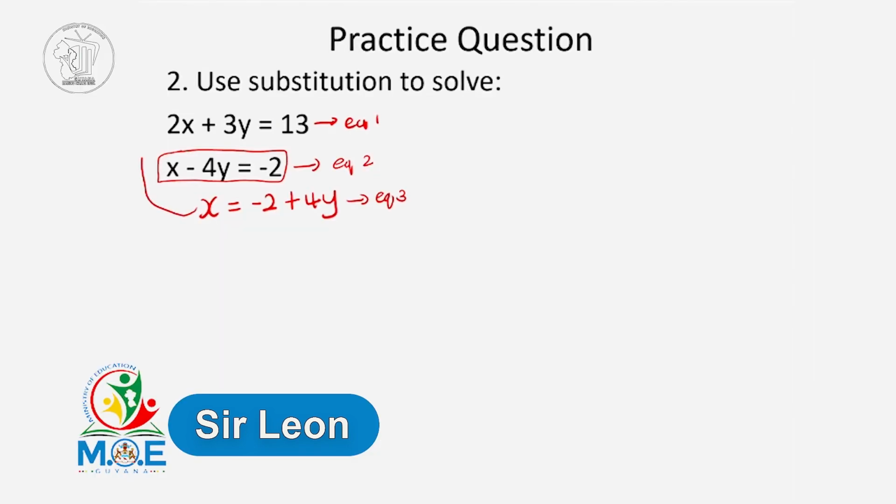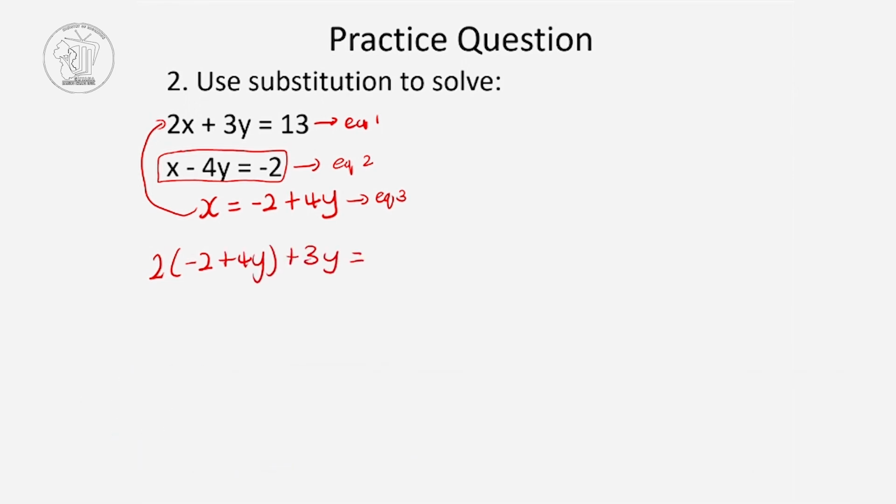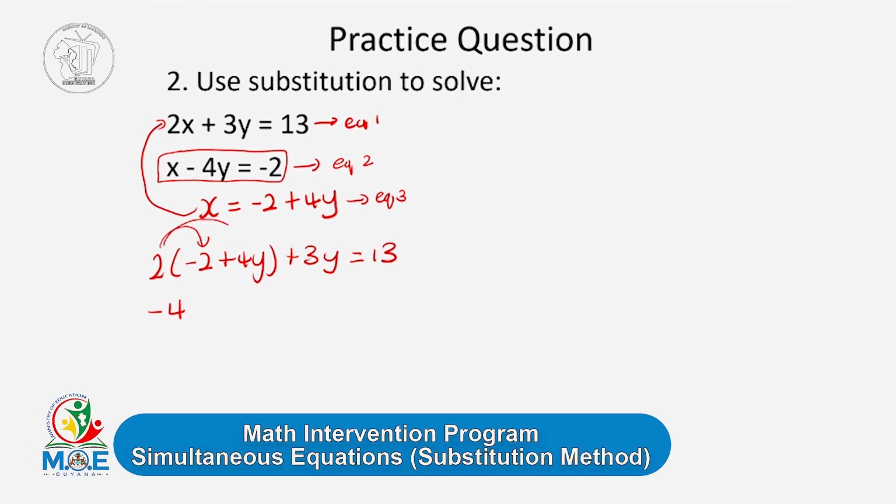Now we take this and involve the other equation by putting it into equation 1. So this will be 2 multiplied by x, which would be negative 2 plus 4y, plus 3y is equal to 13. So 2 times negative 2 would give us negative 4, and 2 times plus 4y would give us plus 8y, plus 3y is equal to 13.